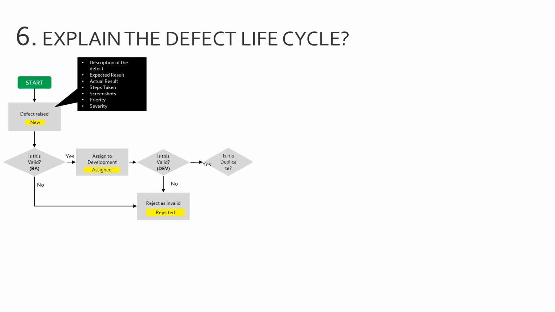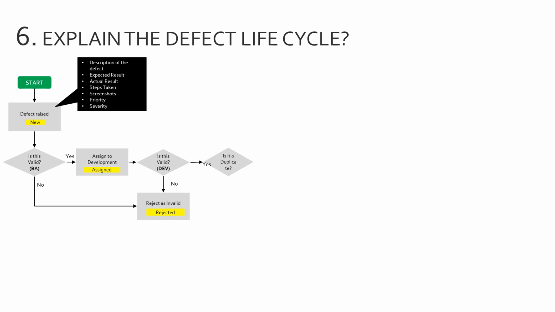But in case it's valid, further investigations are done by the development team. The first check is whether there's any duplicate defect already out there. This is more common when you're testing an application for a global rollout. There will be multiple countries or multiple stakeholders testing the same thing.